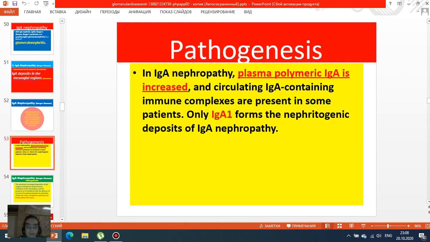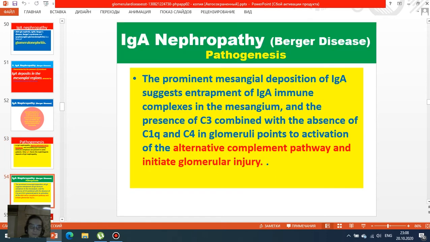In IgA nephropathy, plasma polymeric IgA is increased and circulating IgA-containing immune complexes are present in some patients. Only immunoglobulin A1 forms the nephritogenic deposit of IgA nephropathy, Berger disease.